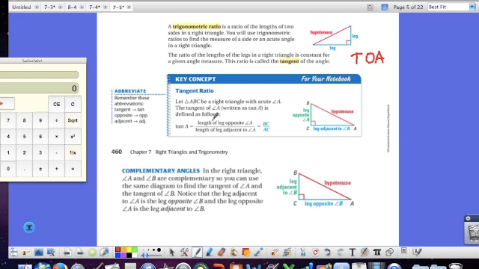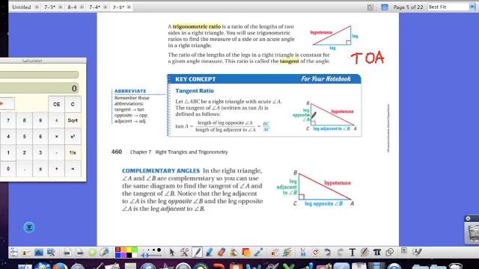To find the tangent of, let's say, angle A, you take the leg length opposite A and divide it by the leg length adjacent to A. If you were finding the tangent of angle B, you would take the opposite side and divide it by the adjacent side.